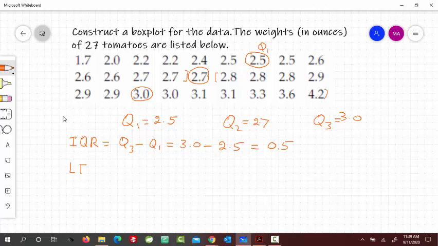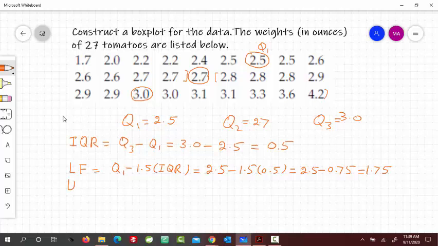The lower fence would be the first quartile minus 1.5 times IQR, and the first quartile is 2.5, minus 1.5 times 0.5, that would be 0.75. The multiplication gives this, and this would be 1.75. So this is the lower fence.